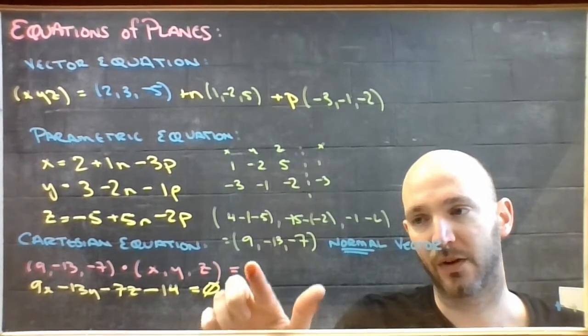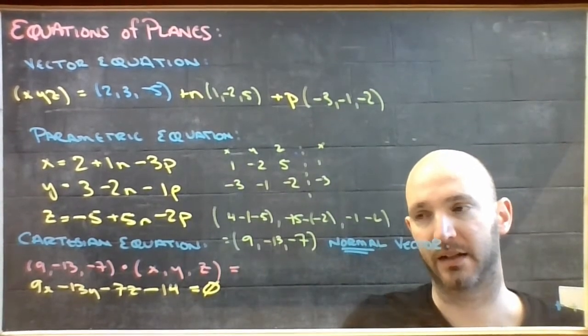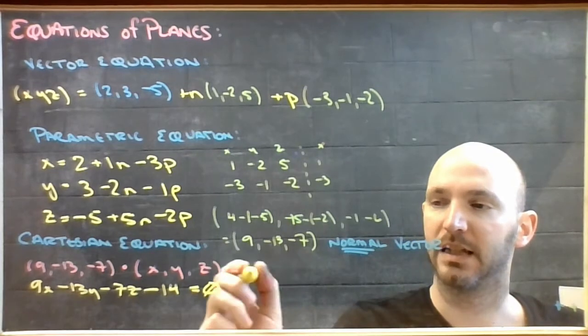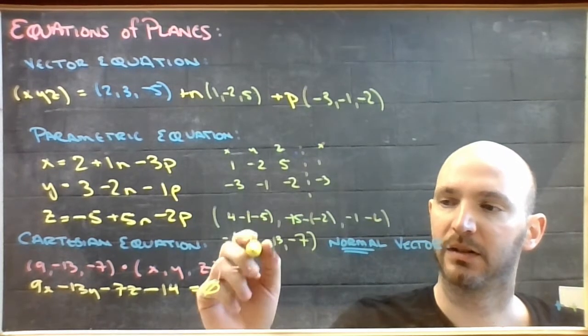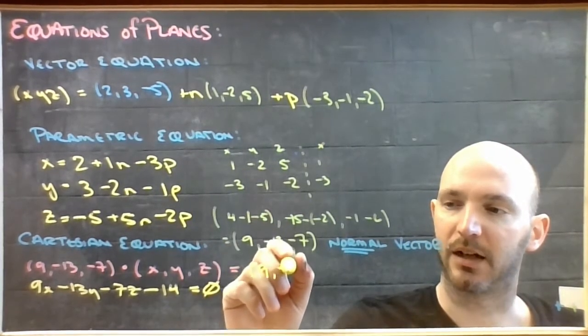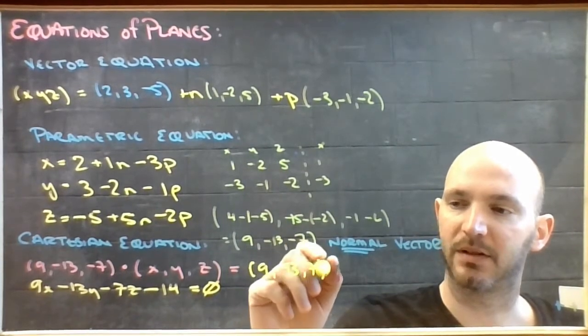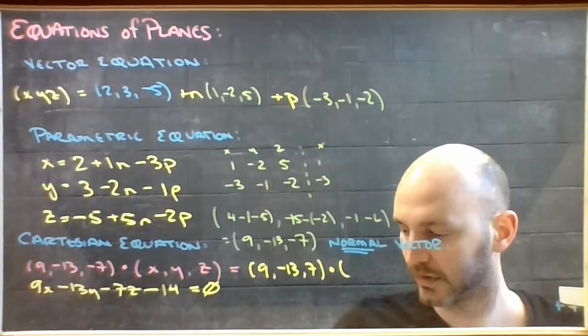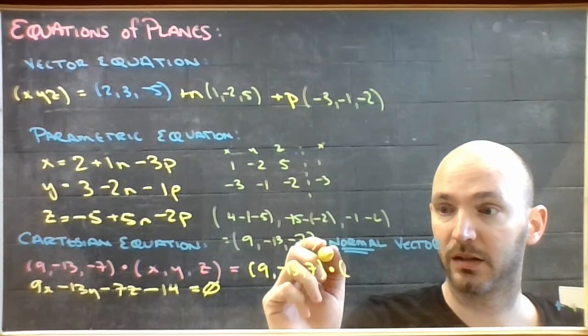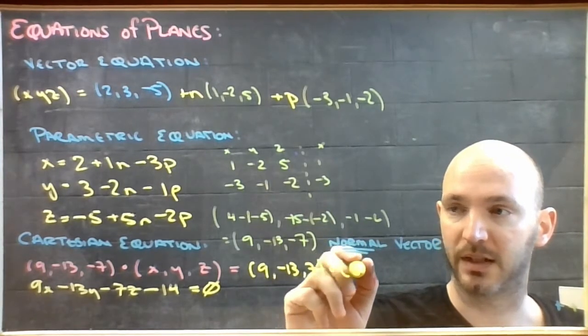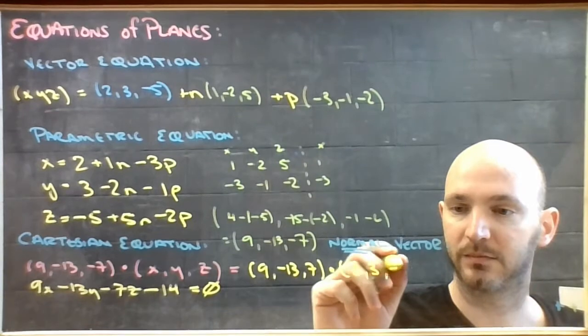And so that correction factor, the thing that ended up back here on the end, was the normal vector 9 comma negative 13 comma negative 7 dotted with the point that was in the plane.